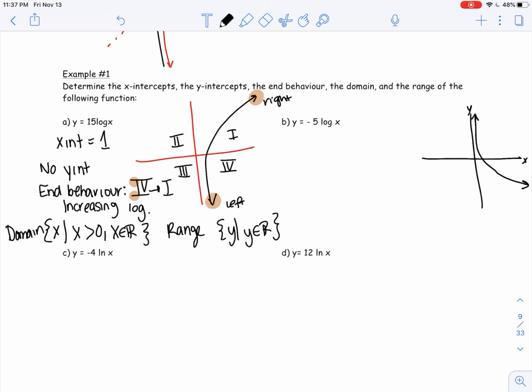Show that there's arrows on both sides. Label your x and your y-axis. So you should find that your x-intercept is still going to equal 1. Your y-intercept, there is none, so you'd say no y-intercept.